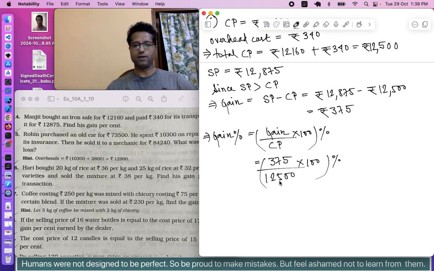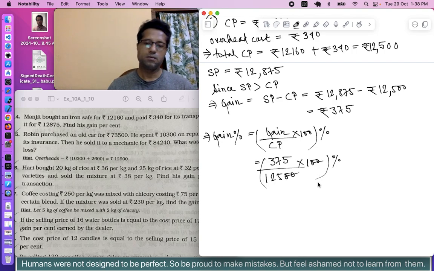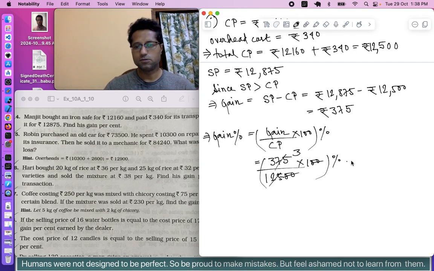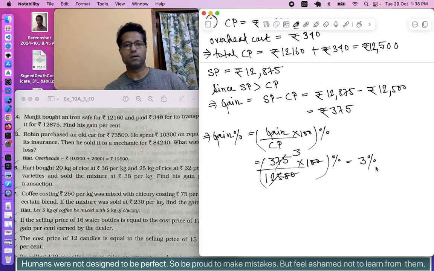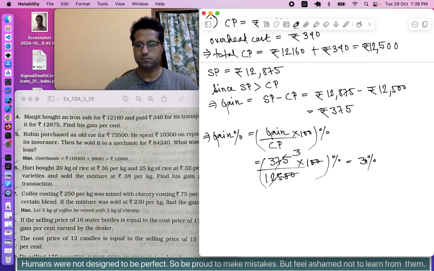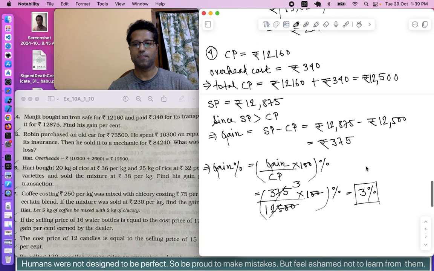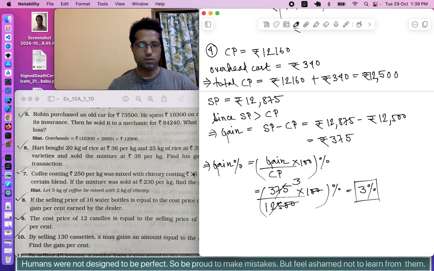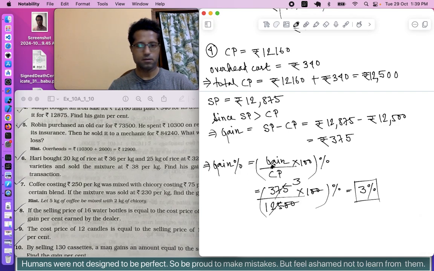So we have to simplify this. The 0s cancel out, and 125 cancels 375 with 3. So this is 3%. So there was a gain of 3%. Okay. Let's do problem number 5.